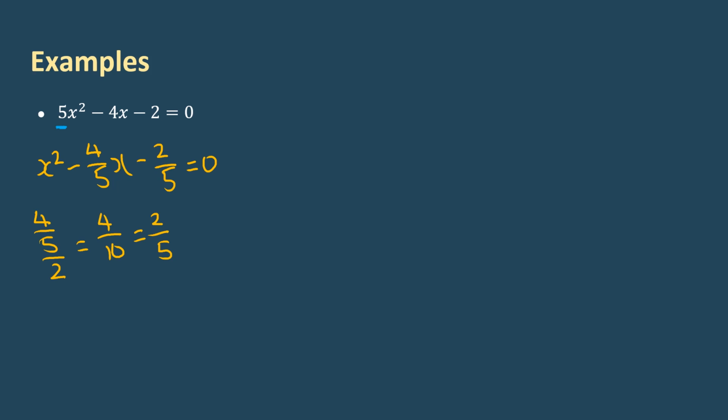To solve the equation, we first need to write out our final form. So our final form is first, open bracket, x plus, open bracket, minus 2 over 5, close bracket, square. So this minus sign here actually comes from this minus sign here.